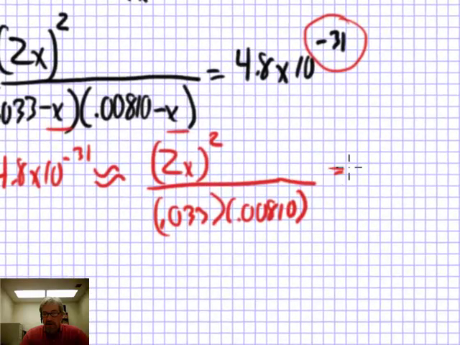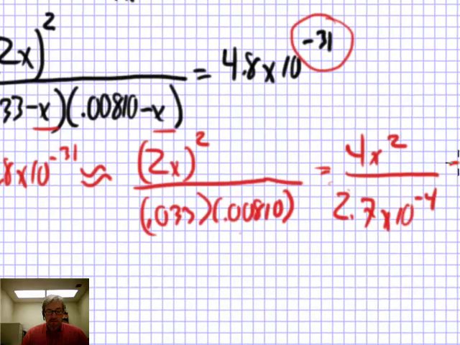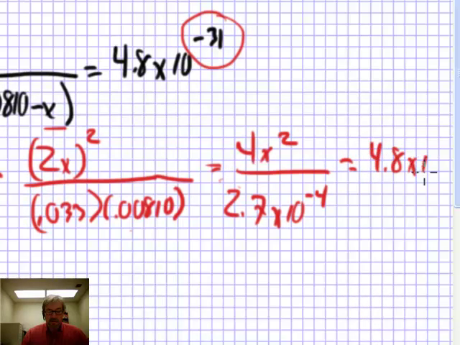And if I multiply 0.033 times 0.00810, I get 2.7 times 10 to the negative 4th, and that is equal to 4.8 times 10 to the negative 31st. So, continuing my algebra here, 4X squared is equal to 4.8 times 10 to the minus 31st times 2.7 times 10 to the minus 4th, and that ends up being 1.3 times 10 to the negative 34th.